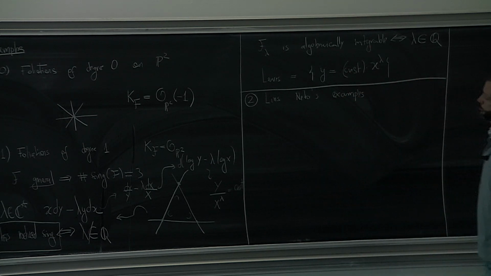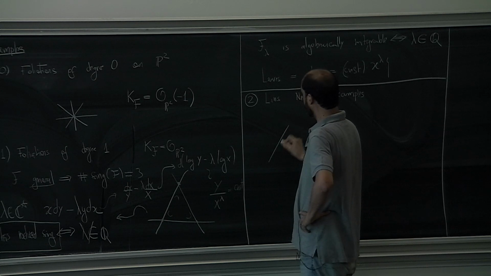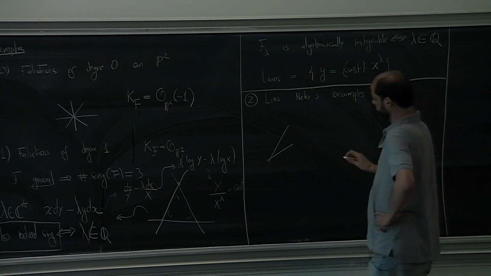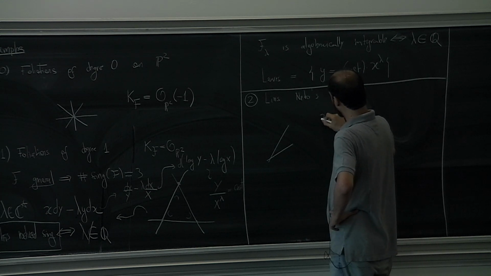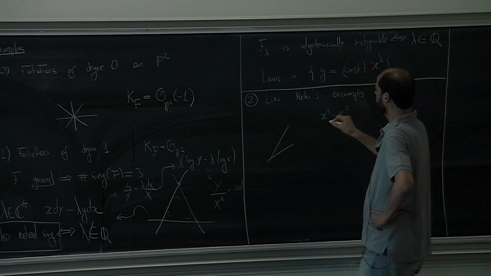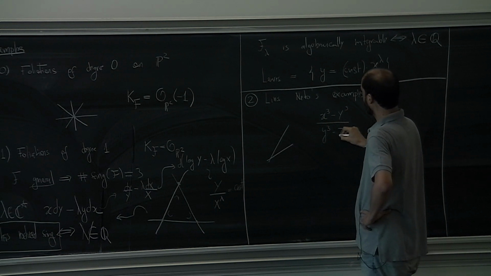It will be a pencil of foliations of degree 4. So let's look at the following thing. Let's look at the pencil x^3 minus y^3 divided by y^3 minus z^3.